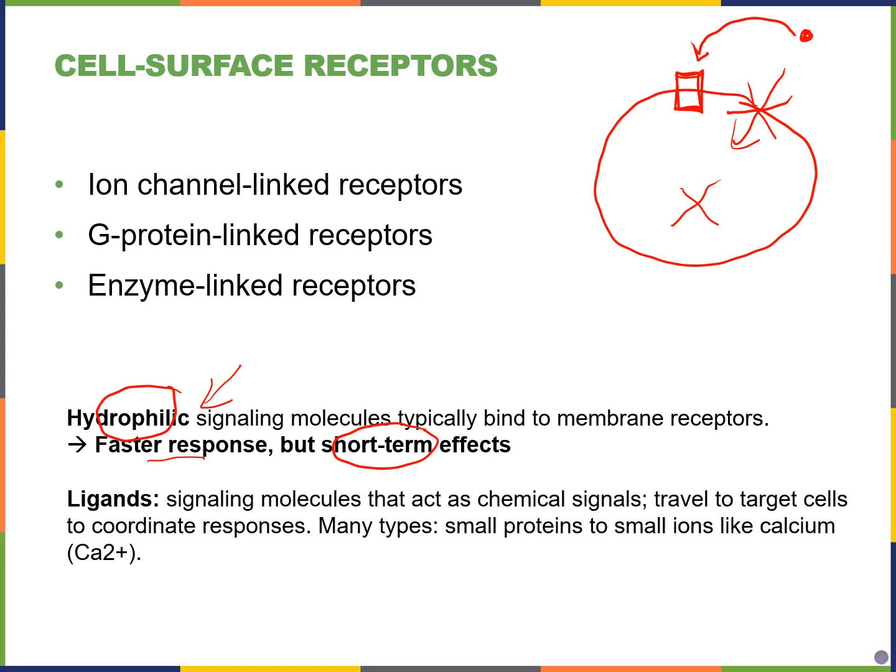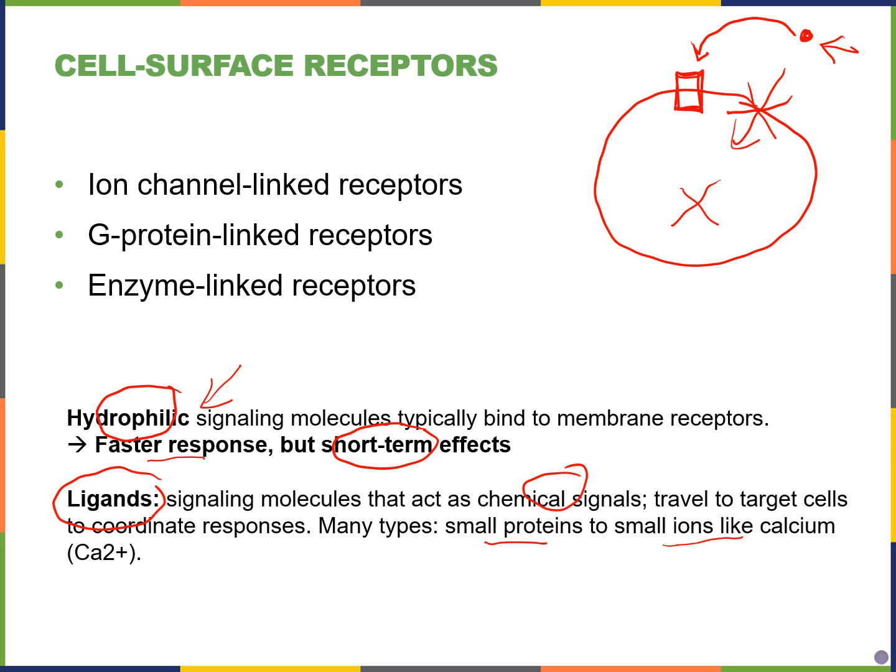Another term for these signaling molecules are ligands. So this little red dot that I drew that represents the signaling molecule, we can also call that a ligand. These are chemical signals, and there are a lot of different types. Some of them are small proteins, some of them are ions, for example, and we'll see several across the semester.